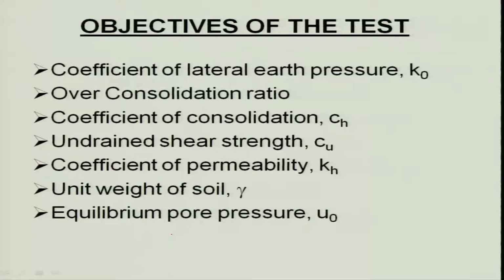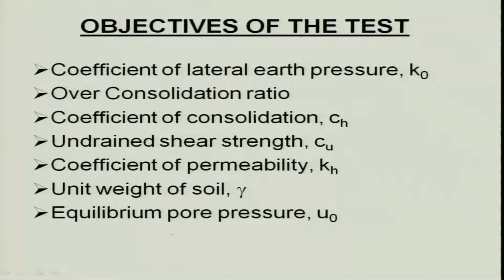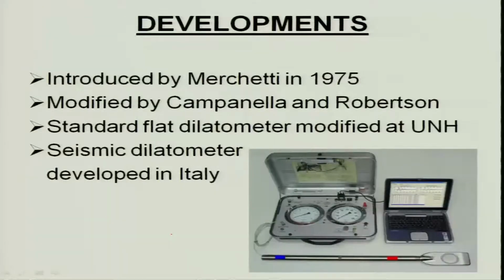So, from this dilatometer test, what are you supposed to get? Coefficient of lateral earth pressure K0, particularly for retaining wall structures where you have to find K0, Kp. You also get over consolidation ratio, coefficient of consolidation Ch, undrained shear strength Cu, coefficient of permeability Kh, unit weight of soil, and equilibrium pore pressure U0.